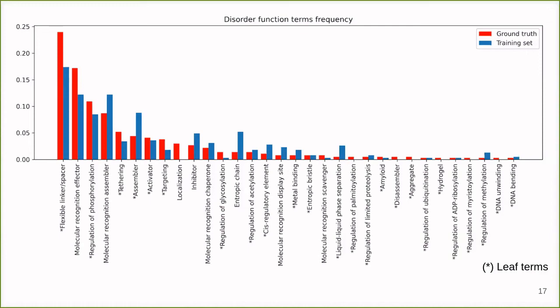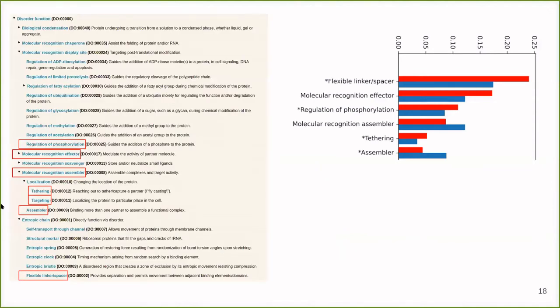Well, the ontology is small, so you can visualize the distribution of each term in the ground truth and in the training set. What you can notice is that flexible linker spacer is the most frequent term, followed by a subset of terms which are particularly abundant or overrepresented.